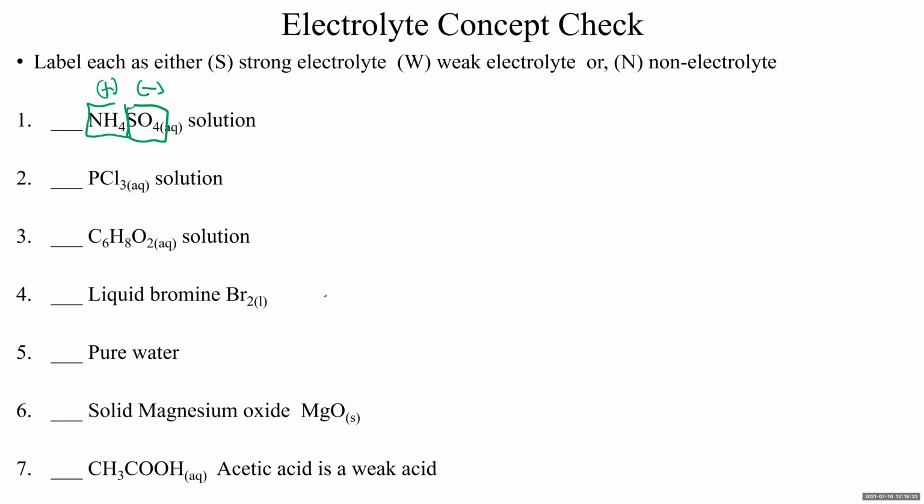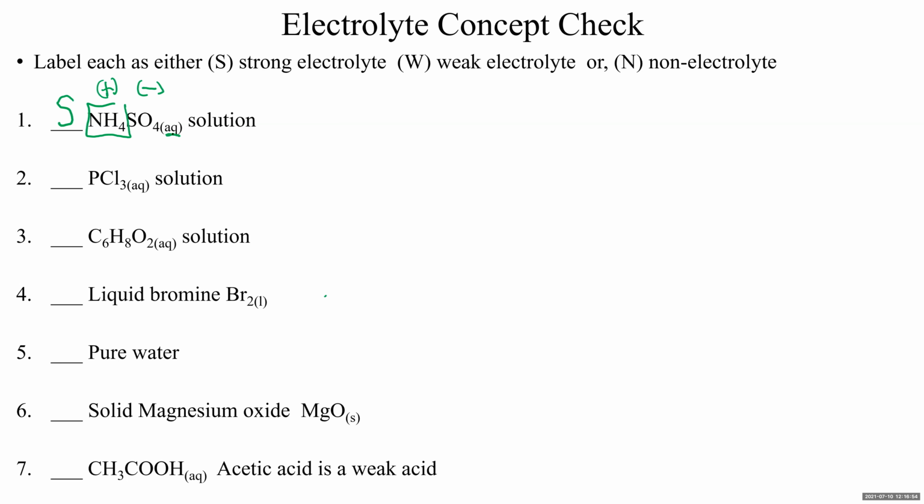For our purposes, we're going to assume that anything that makes the soluble list must be very good at being soluble, and therefore this is going to be a strong electrolyte, because all ammonium compounds are soluble in water. You know this is in water because I put the phase designation as aqueous, which means specifically dissolved in water. So an ionic compound that dissolves well in water is a strong electrolyte.